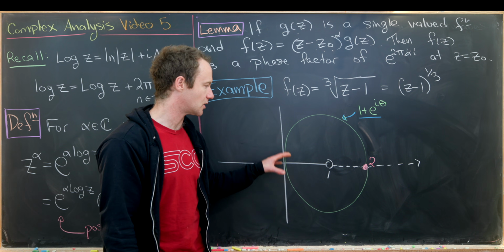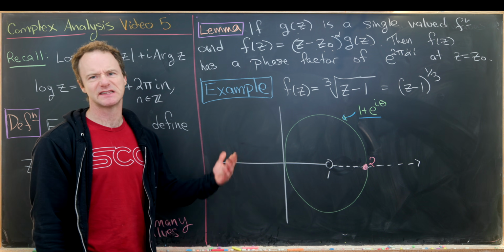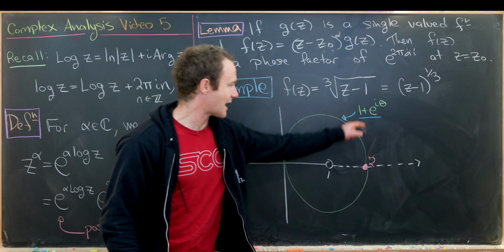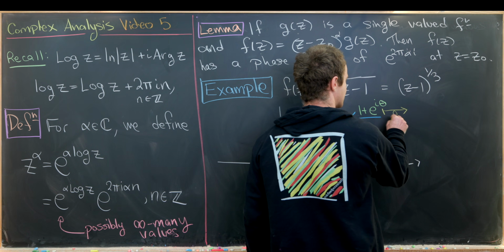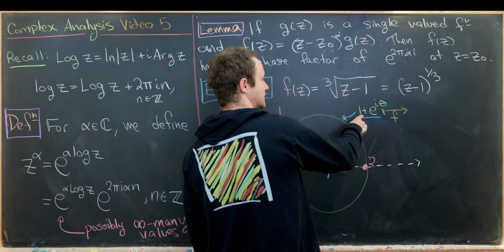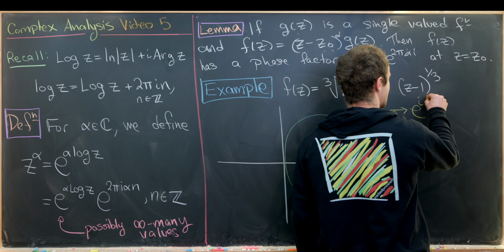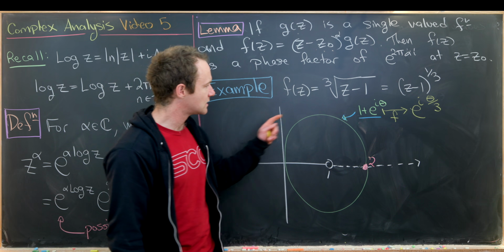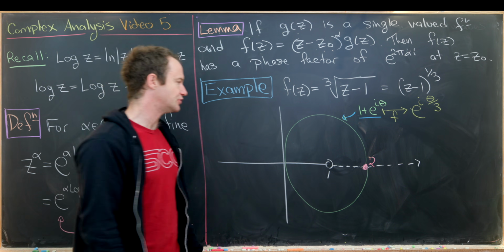Notice everything along this circle has the form 1 plus e to the I theta, as theta goes between 0 and 2 pi. Then let's see what happens when we plug this into our function. If we map this under the function f, we subtract this 1 off, and then we have e to the I theta over 3. Now let's have this function approach the number 2 from 2 directions.